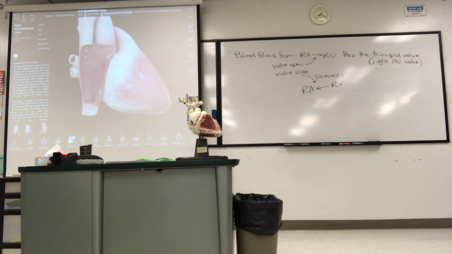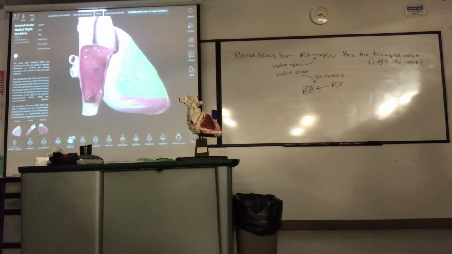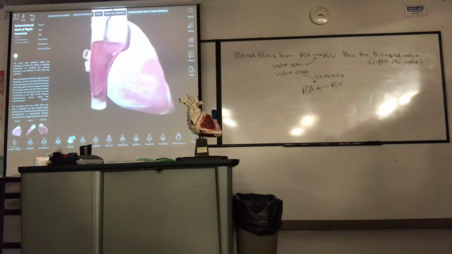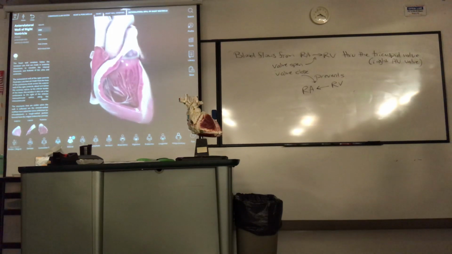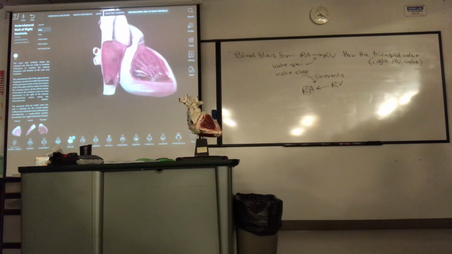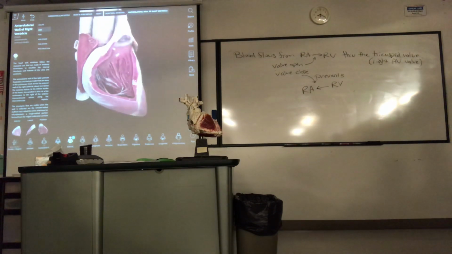Here's a side view of the heart. What I have highlighted now is most of the wall of the right ventricle. I'm going to hide it so you can see inside the right ventricle. So here's the other view from the right ventricle.